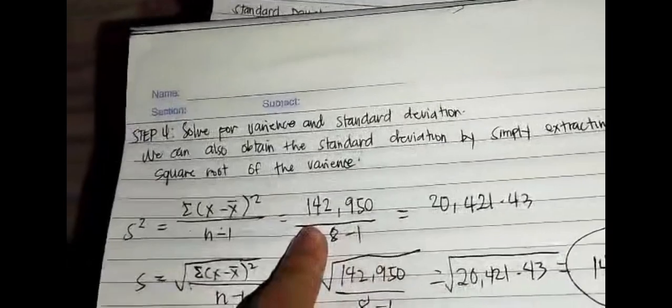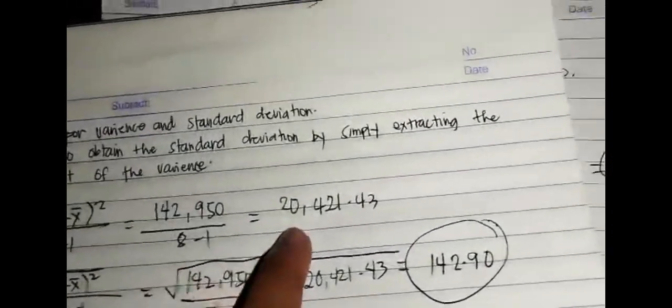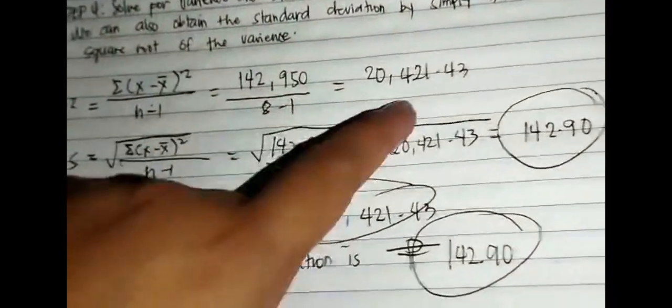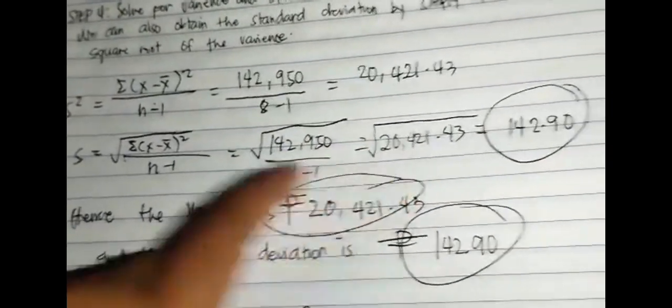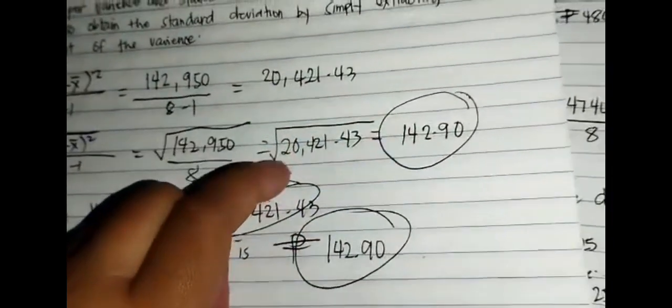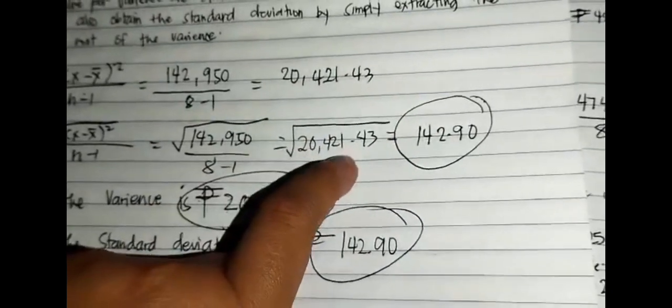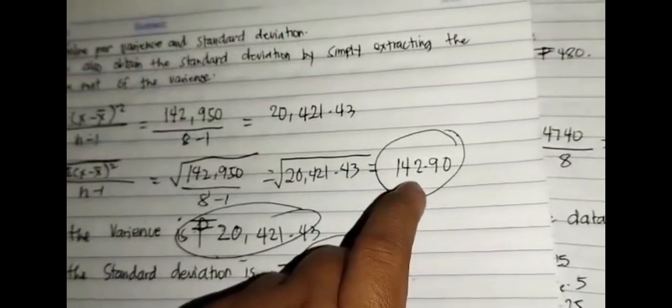Yung total doon is equal to 20,421.43 and square root of 142,950 over 8 minus 1, square root of 20,421.43 is equal to 142.90.